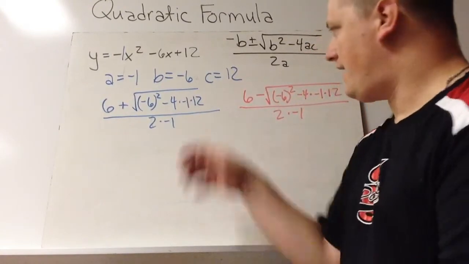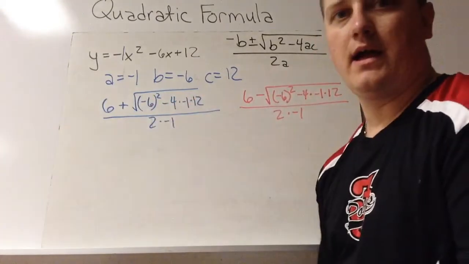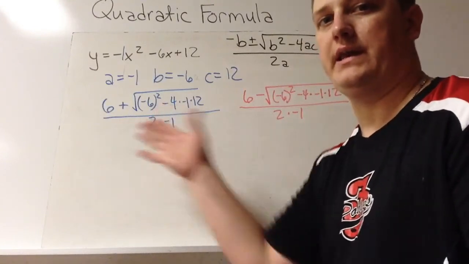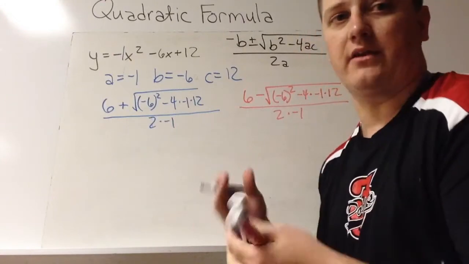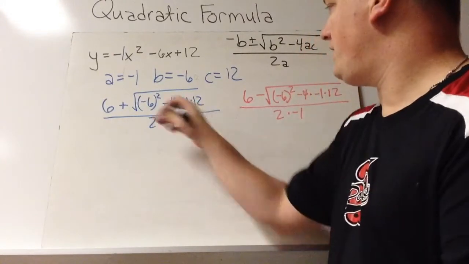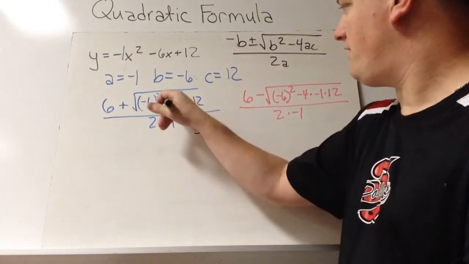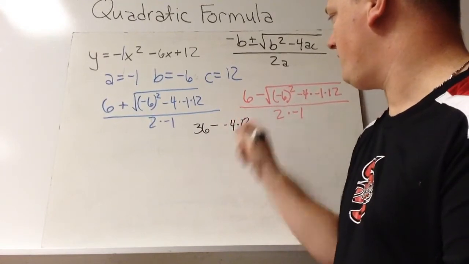Now, inside here is the discriminant. This is important. It's going to tell us how many answers there are. Do I need to do both problems or just one? Or neither? So, negative 6 squared is 36, minus 4 times negative 1 is negative 4, times 12.